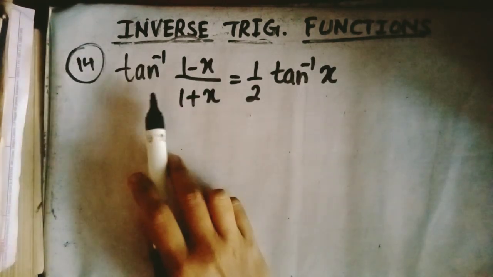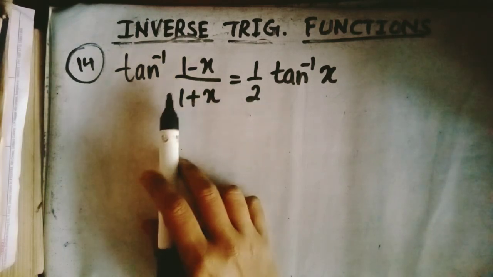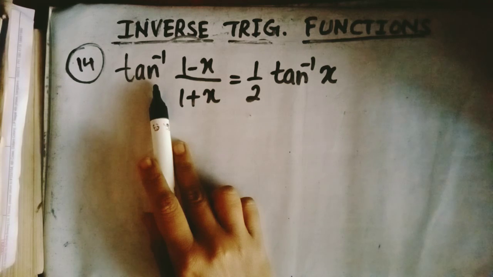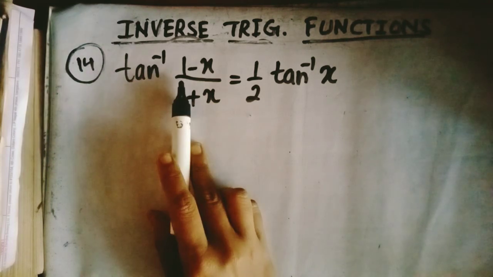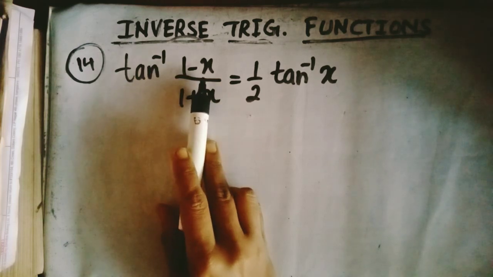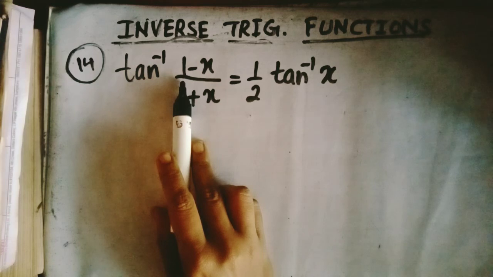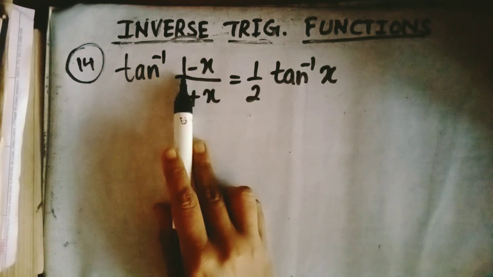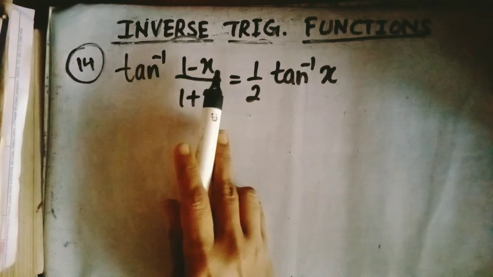Okay, next question is this, so you have to solve this. Here you can use the tan inverse x minus tan inverse y formula. You have to identify which is your x and which is your y. So this is 1 minus x, so 1 becomes your x and x becomes your y.